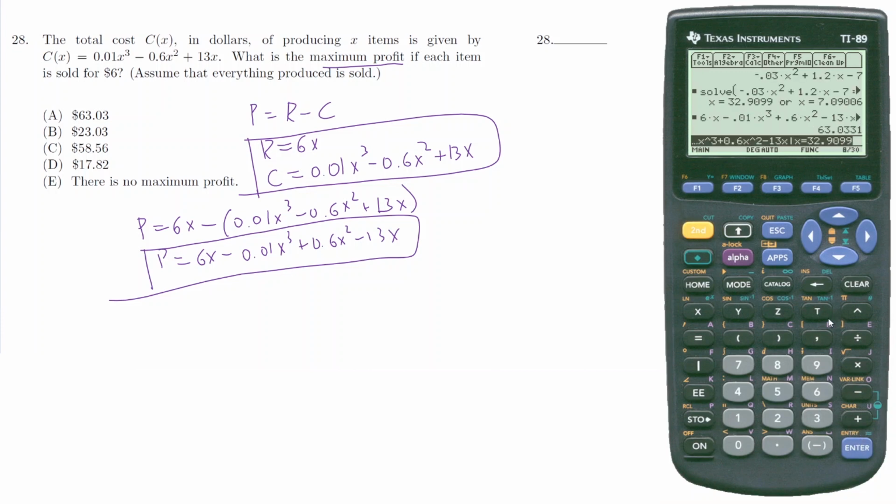All right, 63, and then x equal 7.09006. So I conclude 63 is the right answer because it's the highest.